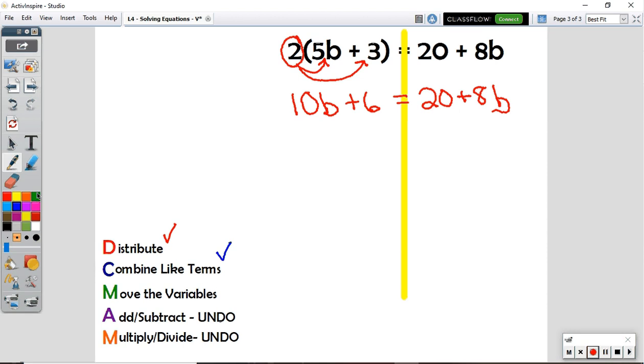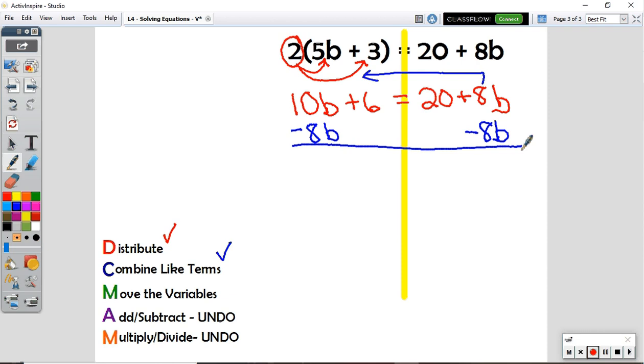So we're ready to move our variables. See if you have variables on both sides, which I do. So I'm going to take this 8b on the right, and I'm going to move it over here to the left. So if this is 8b, if I want to get rid of it, I have to subtract it. When I subtract it on the right side, I'm also going to subtract it on the left side.